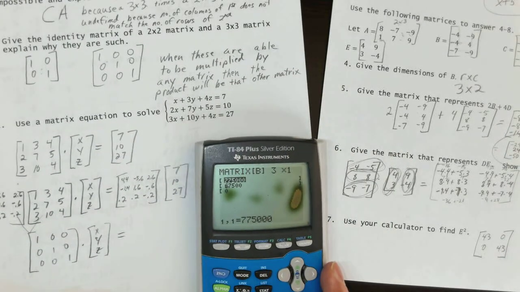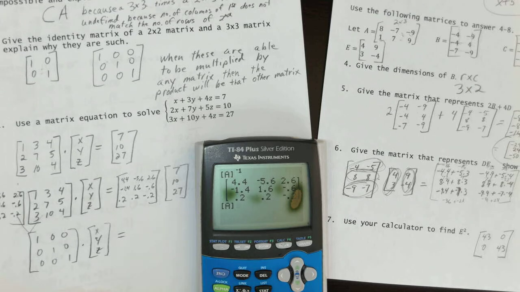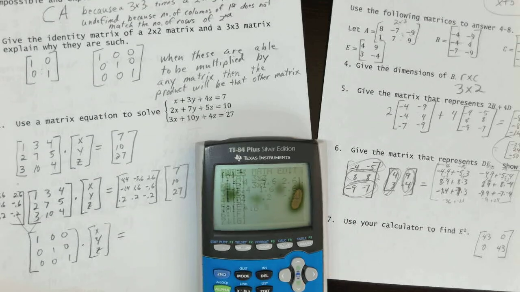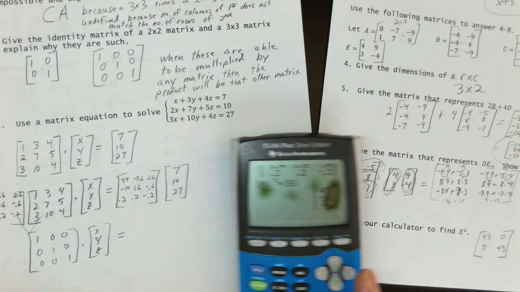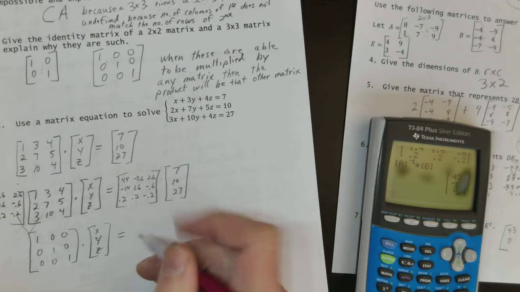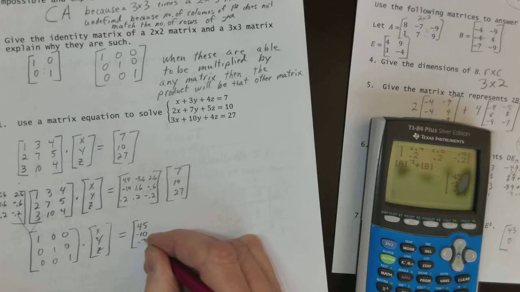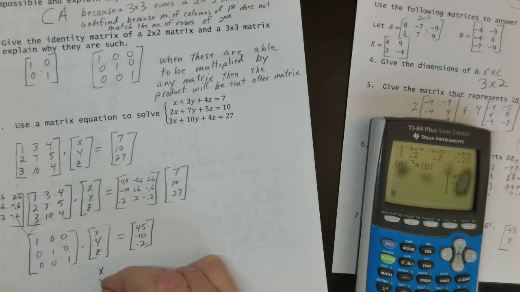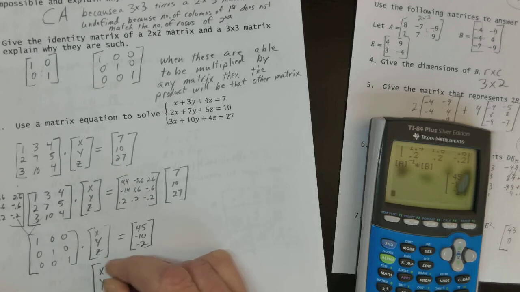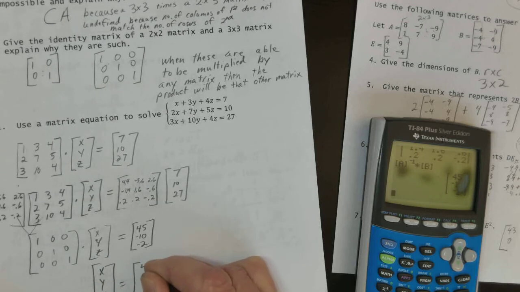We need 7, 10, and 27 this time. 7, 10, 27. Second quit, second matrix, A inverse times second matrix B equals 45, negative 10, negative 2. So x, y, z equals 45, negative 10, and negative 2.